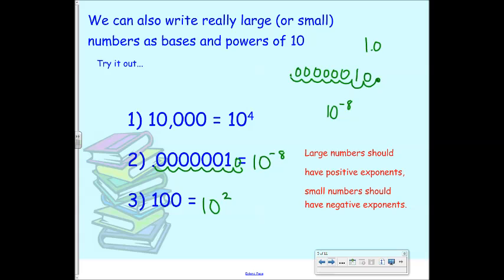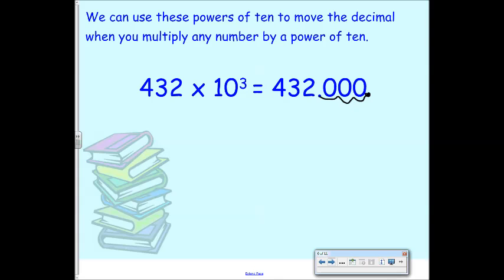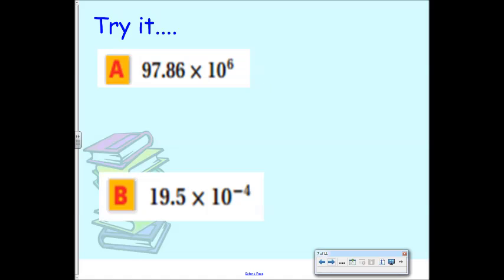Okay, so with scientific notation, what we're essentially doing is taking a number and multiplying it by 10 a certain number of times. So it allows us to write really big or really small numbers multiplied by powers of 10. I'm going to skip a couple of slides here.